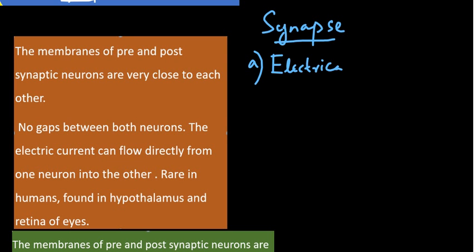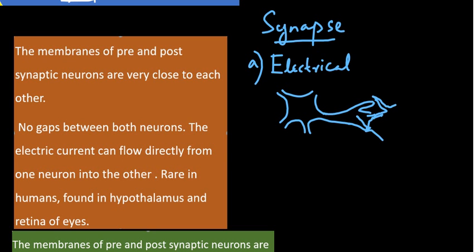Electrical type of synapse means the neurons are not separated by any gaps. They are tightly bound. The dendrites as well as the axon terminal will be tightly bound with each other.